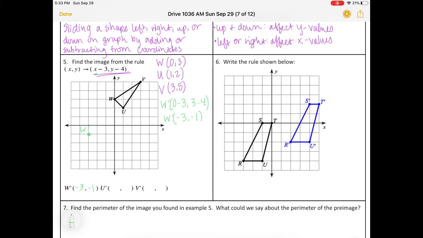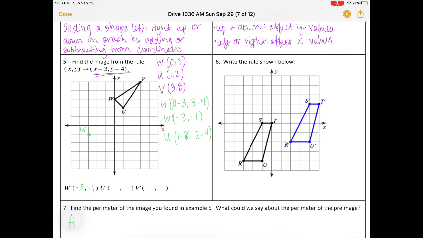Okay, do the same thing. So again, I would go ahead and pause, find U and V by doing what I just did, X minus 3 and Y minus 4, okay? All right, so U, you should be using 1 minus 3, and then 2 minus 4, all right, which comes out to, oop, minus 3.